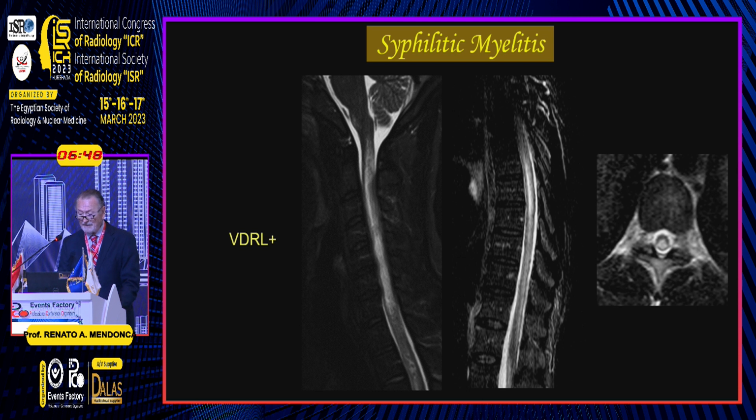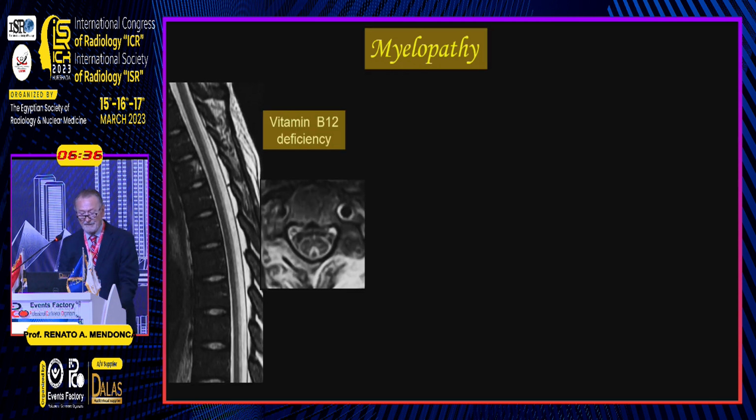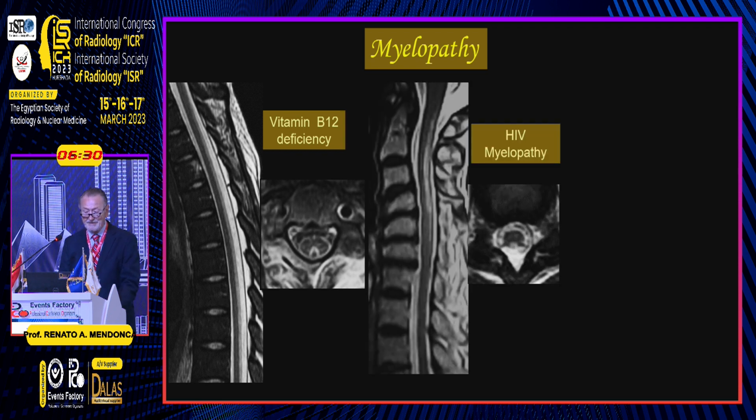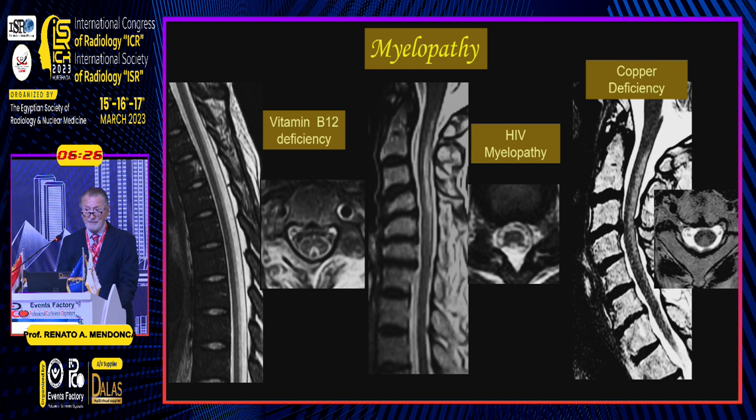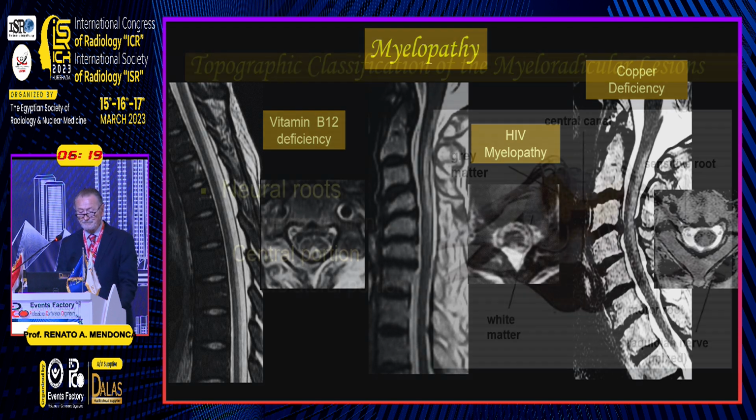So again, it's very unspecific. But the involvement of the posterior part of the spine, so the lesion is posterior, suggests that syphilis is one of the causes. The mimickers are vitamin B12 deficiency, HIV myelopathy, and copper deficiency. So we always have to put these possibilities in the differential diagnosis.